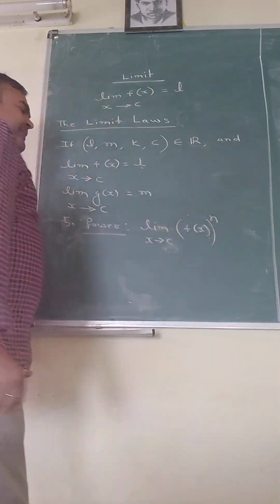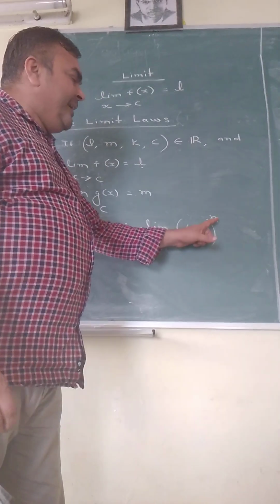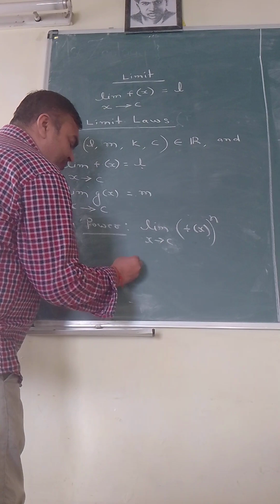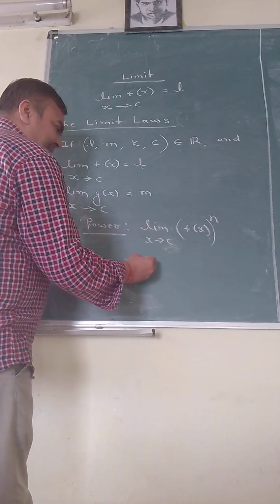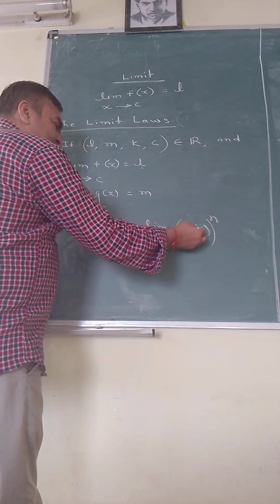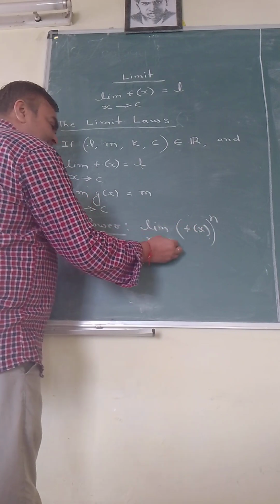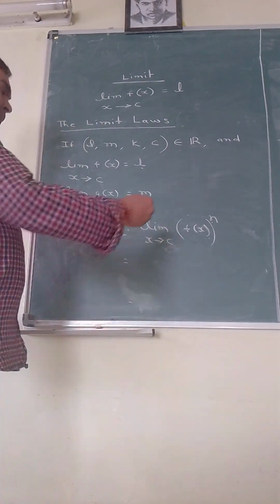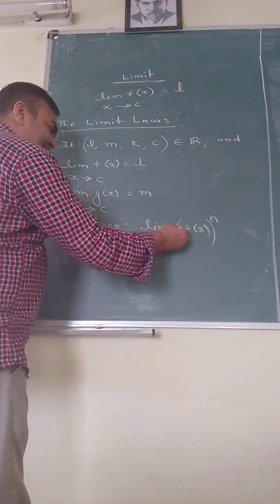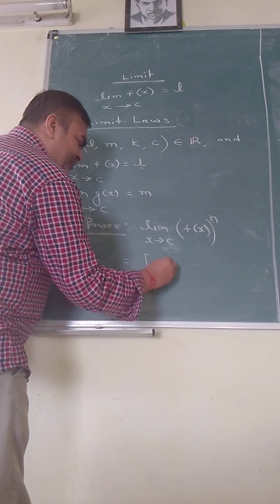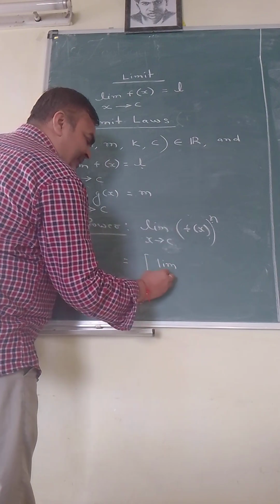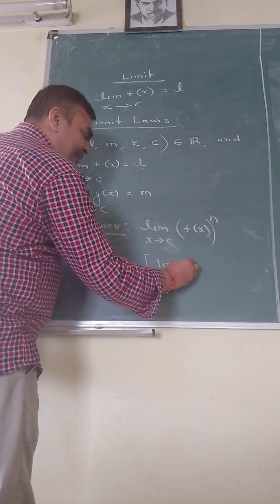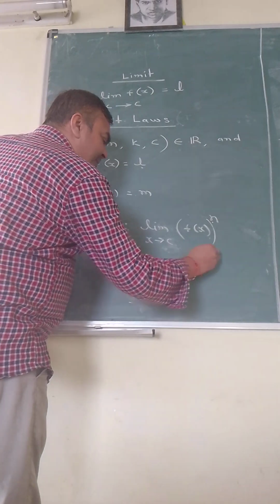Suppose n is a power, n is a number, then this is generalized very simply: the limit as x approaches c of f(x)^n.